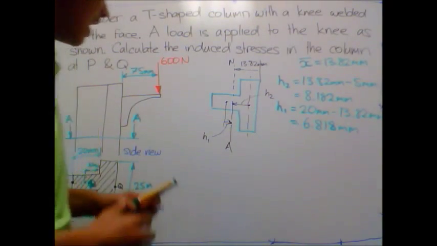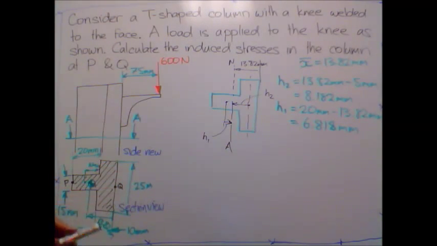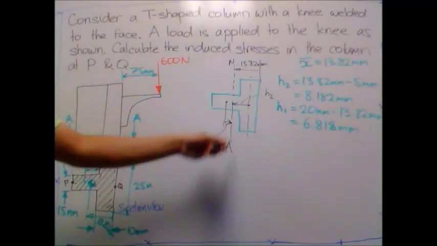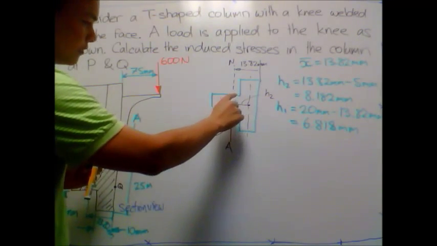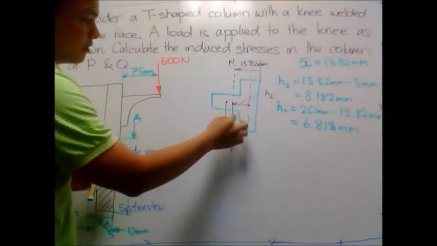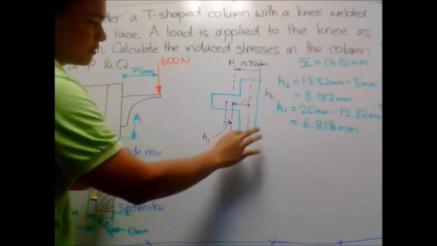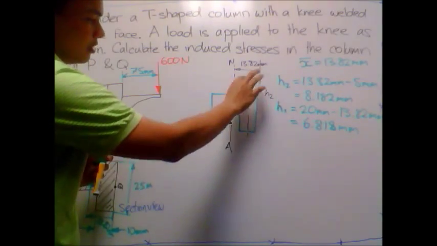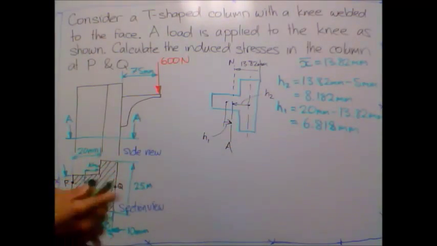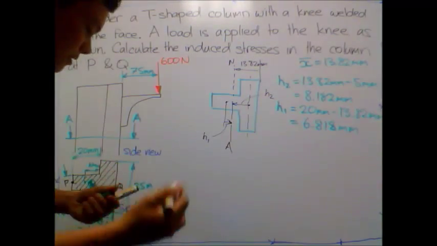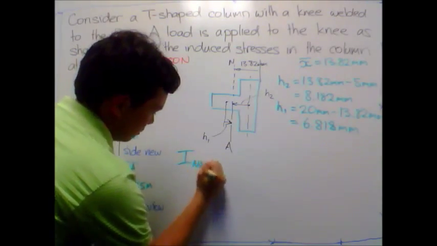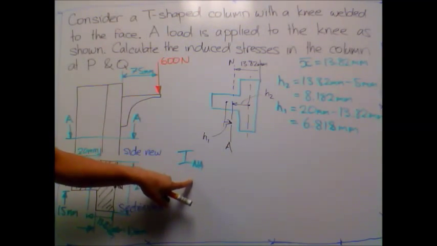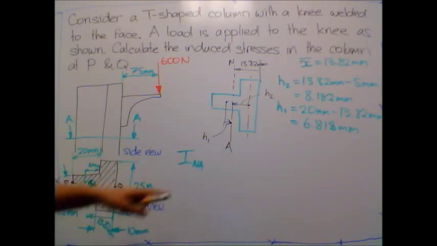Okay. Now I can determine the area moment of inertia for the shape around its neutral axis. That will be the area moment of inertia for my first shape around the neutral axis, plus the area moment of inertia for my second shape around the neutral axis. I'll just say moment of inertia from now on.